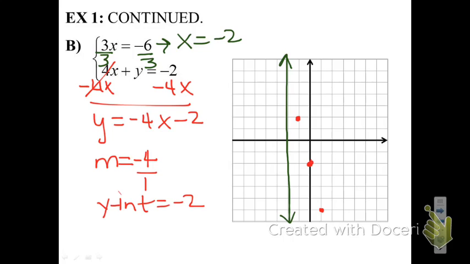Up 1, 2, 3, 4, back 1. And there's that line. We can see that intersection, and it occurs at back 2, up 6.